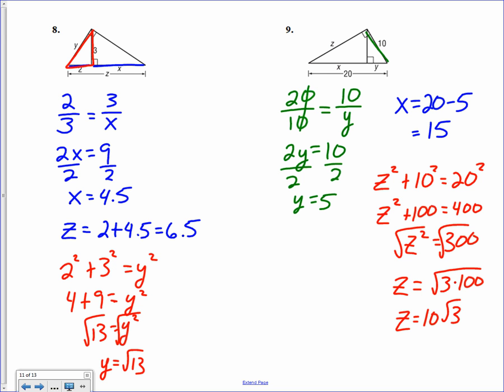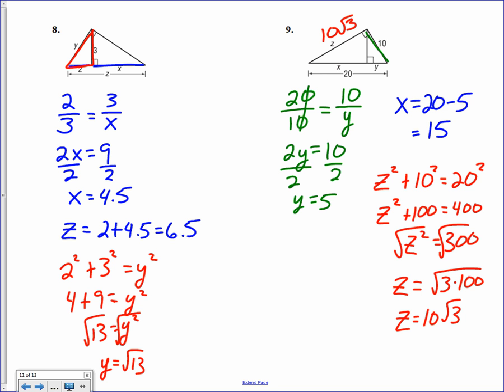Now, depending on how much you paid attention during our days, just introducing chapter 8 would be how much you recognize this grouping of numbers. So 20, 10, and 10 root 3, and what that means about the triangle we have.